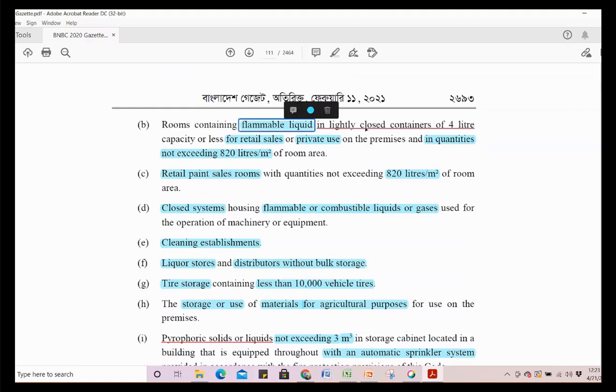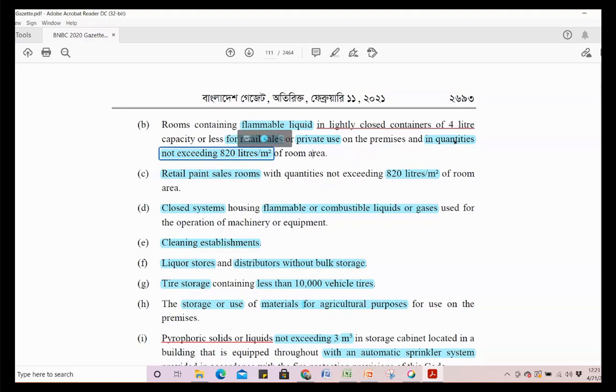Rooms containing flammable liquid in tightly closed containers of 4 liter capacity or less for retail sales or private use on the premises, and in quantities not exceeding 820 liters per square meter of the room area. So this is a provision made for merchandising flammable liquids.